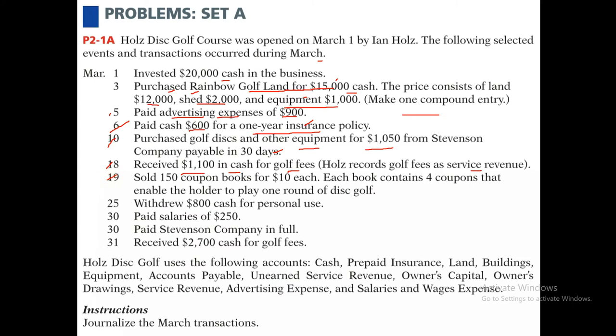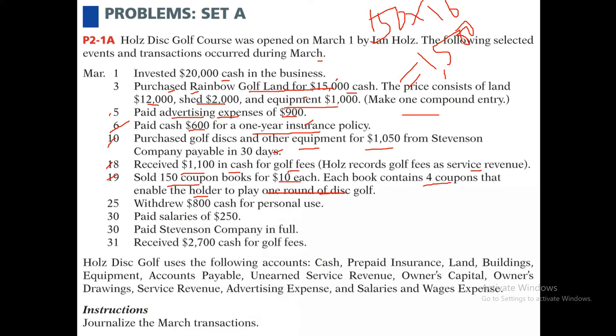Then March 19, sold 150 coupon books for $10 each. Each book contains 4 coupons that enable the holder to play one round of disc golf. That means total coupon price is 150 multiplied by 10, so total 1,500. We have sold the coupons but they are not yet used by the holder.